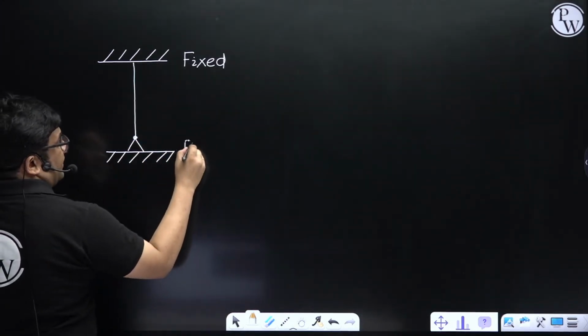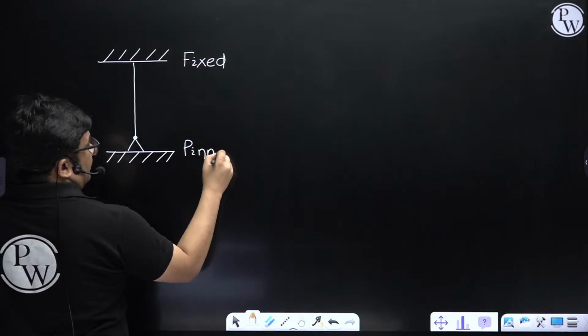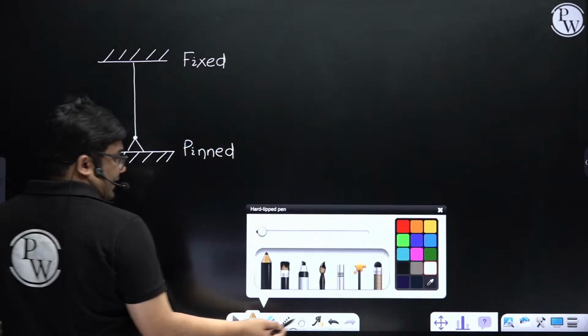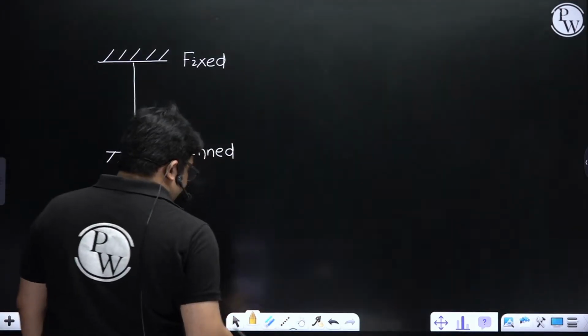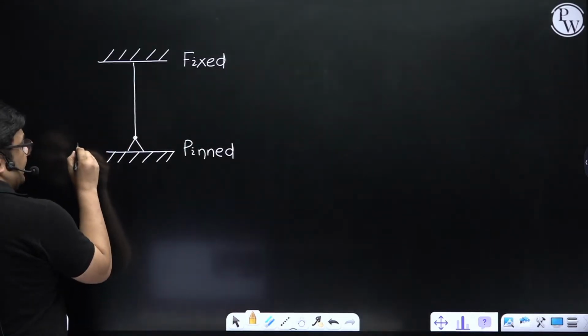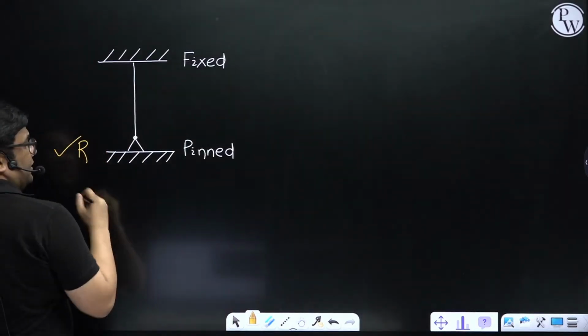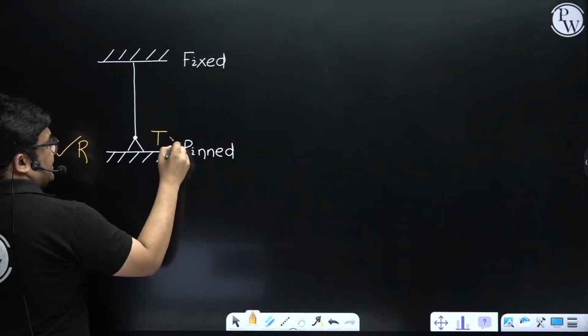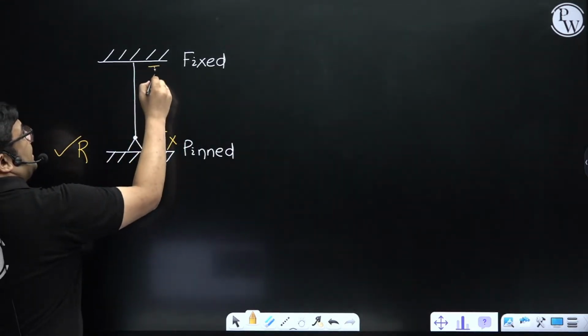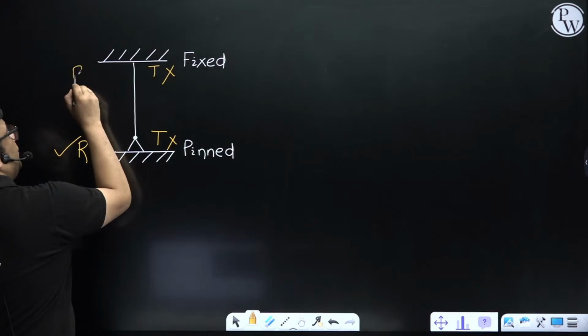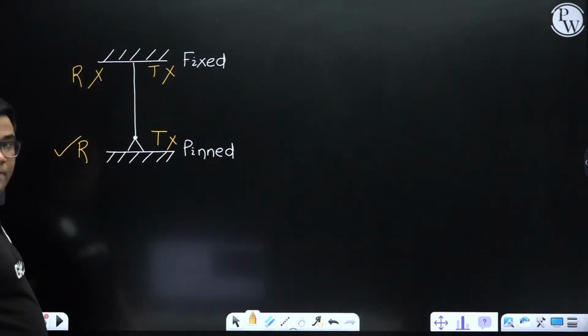So this is pinned. When it is pinned, at this end rotation is allowed but translation is not allowed, and here translation is not allowed, rotation is not allowed, right?